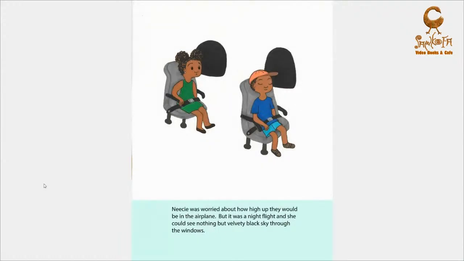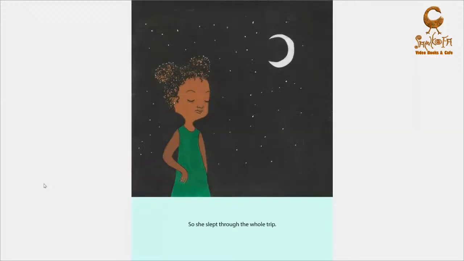Neesee was worried about how high up they would be in the airplane, but it was a night flight, and she could see nothing but velvety black sky through the windows. So she slept through the whole trip.